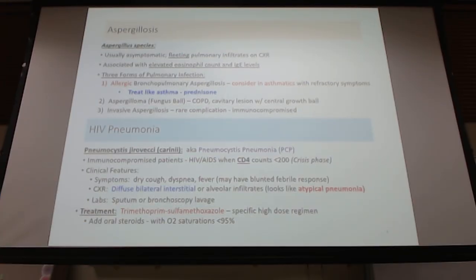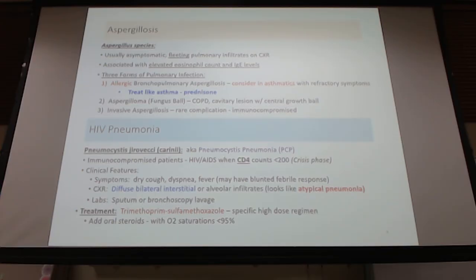Aspergillosis, this is why I always talked about my asthma patients, right? My asthma patients that every time they'd go see the allergist, one of the first things she would do is allergy testing, she would check an IgE, and she would check the eosinophil level. That was one of those things, if they got to her, that means someone was having trouble treating the respiratory symptoms. So at that point, it was just standard protocol for her to assess for this.